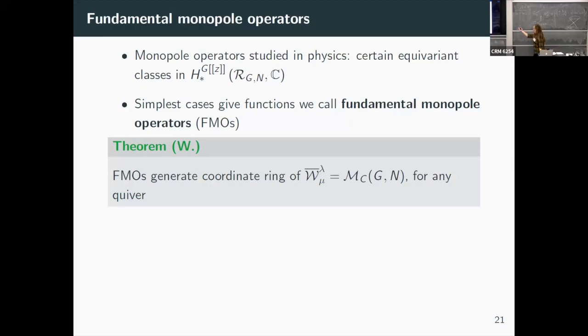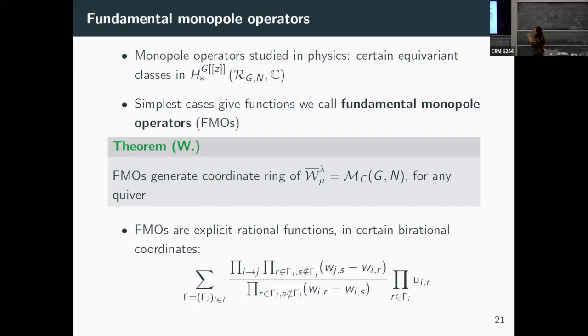And you can prove that in the case of a quiver, these fundamental monopole operators, FMOs, generate the coordinate ring. Okay, and finally, maybe another input is that they're actually quite explicit. The exact details here don't matter. I'm only writing this down just to say you can write down some formula for these things.